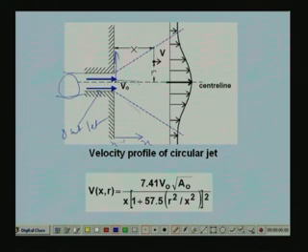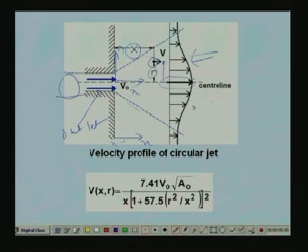So the coordinate system is like this, x is here and r is here. At any point defined by r and x, the velocity profile is given by this. You can see that the velocity varies in the r direction, and it also varies in the x direction. The center line velocity is always obviously highest. As r increases for a given x, the velocity reduces.